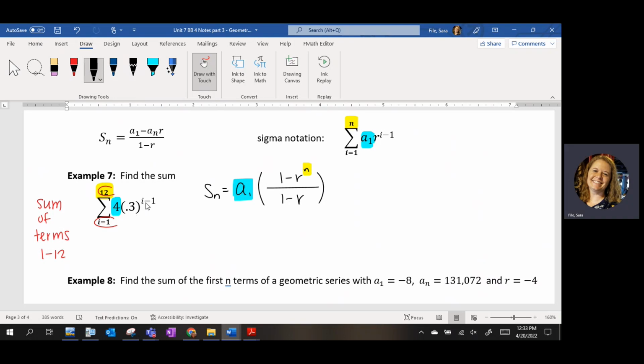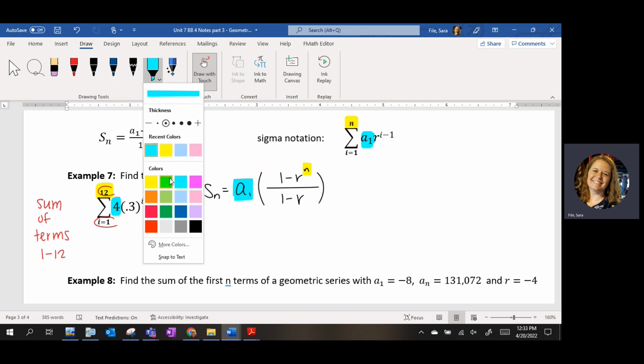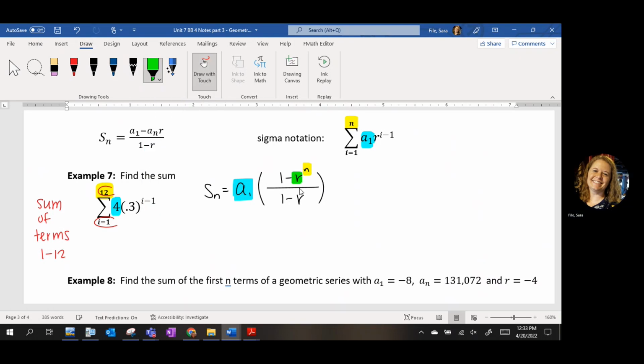Anything to the 0 power is 1. 1 times 4 is indeed 4. So 4 is the first term. Okay, and then we need the common ratio. What would the common ratio be here? The 0.3, very good. That's what is being raised to the power there. You have the first term times the ratio to the power. Okay, so we've identified the parts that we need for our formula.